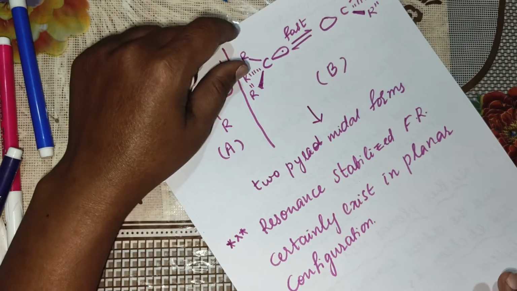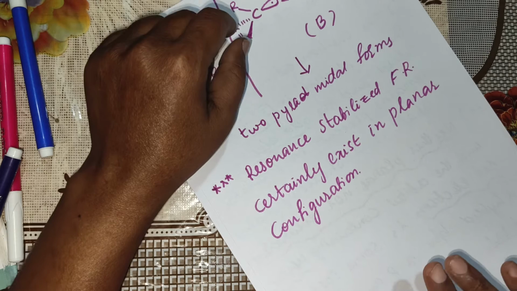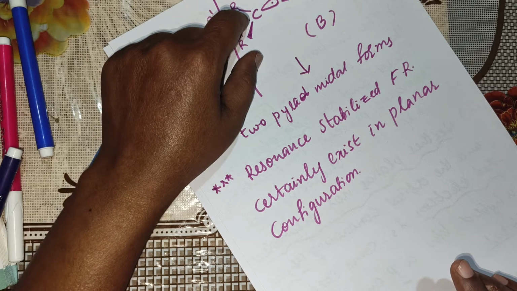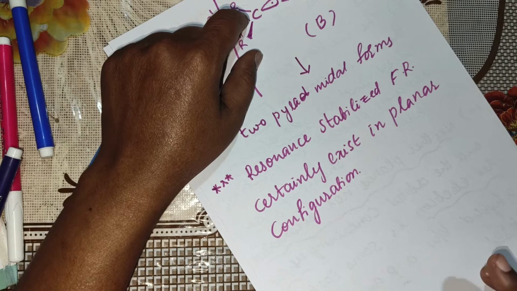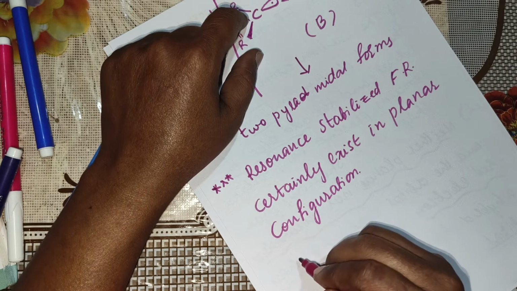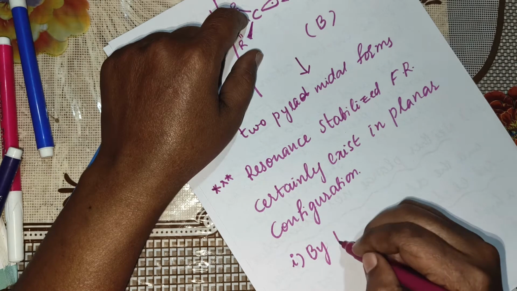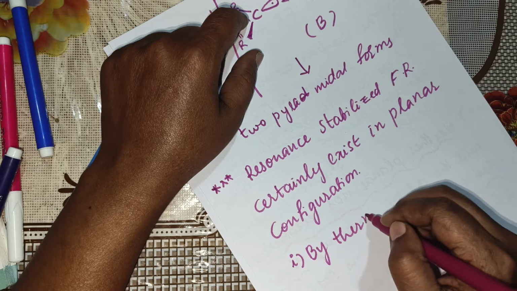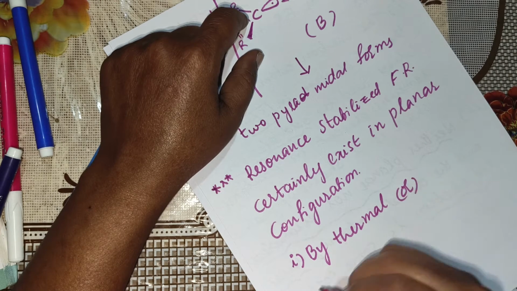How can the free radical be generated? Free radicals are often produced when a molecule is supplied with sufficient energy, that is thermal or photochemical. The first one is thermal, and the second type is photochemical.